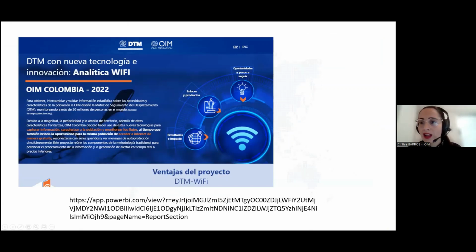I bring another experience here from the colleagues of Colombia. Colombia did not use the SDR experiment itself, but they nevertheless used cell phone experiments.